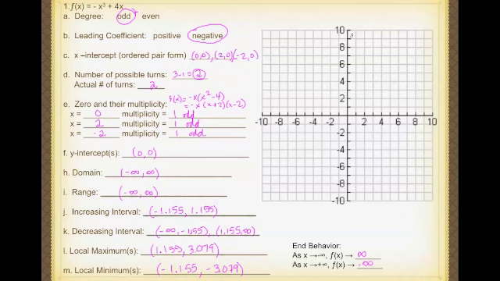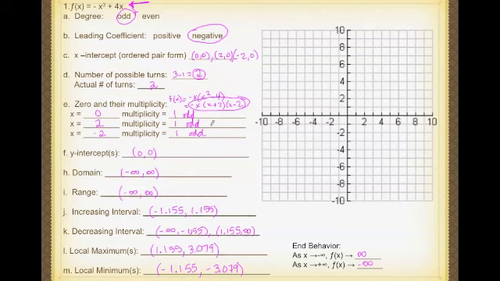Okay, here are the answers that I could get just by starting out by putting the function in my calculator. And then notice that I also found it handy to actually factor it. That helped me some too.